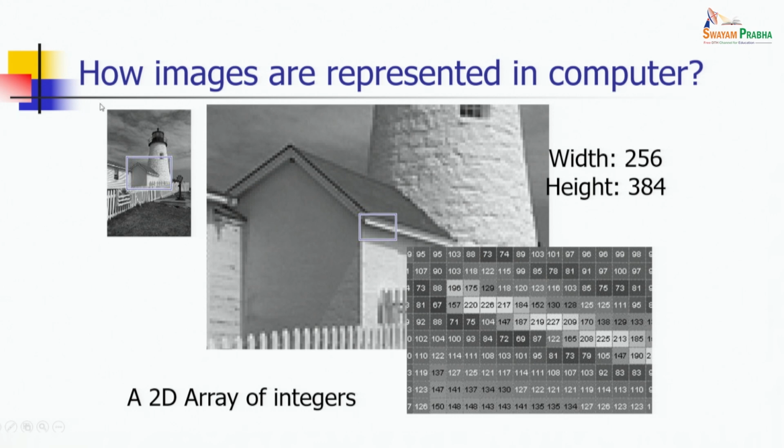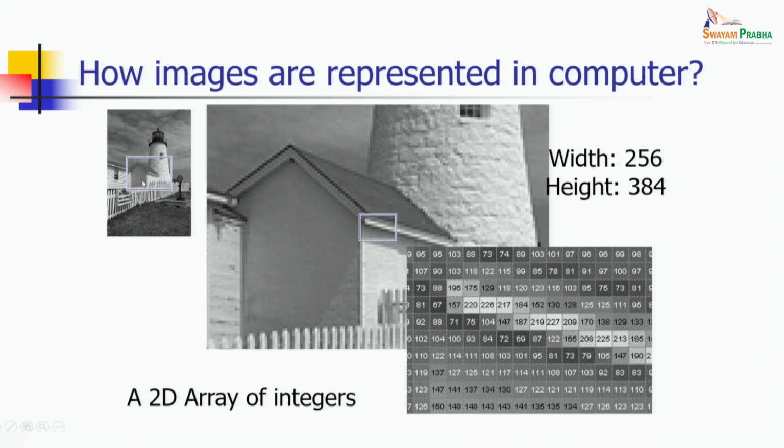This height is 384, which means the number of rows of the array is 384, and the width, across this horizontal direction, is the number of columns, and the value here is 256, with height 384. But if I consider this portion, naturally the number of columns and rows will be different from this one, in fact smaller, but it is a mapping.